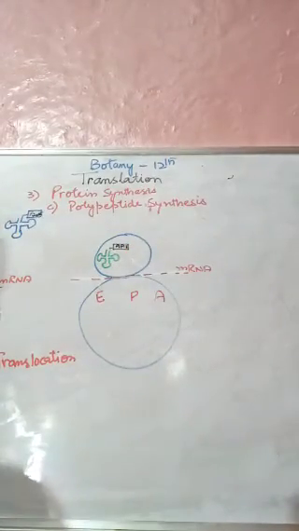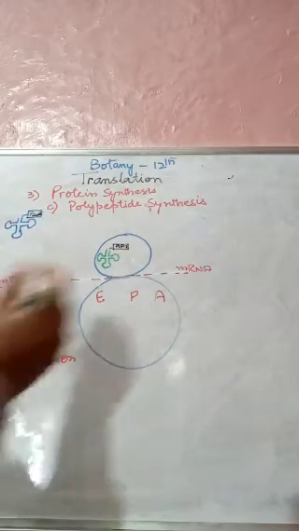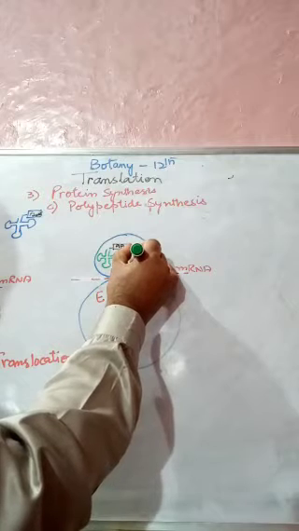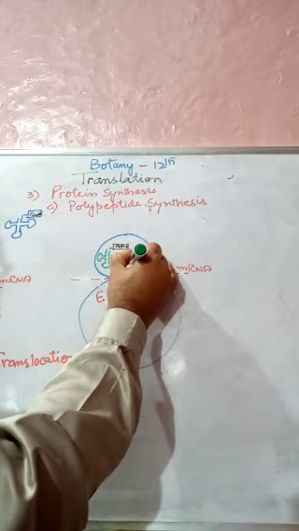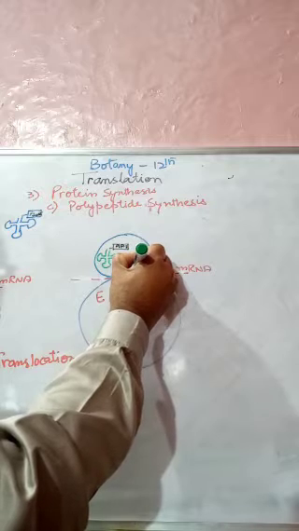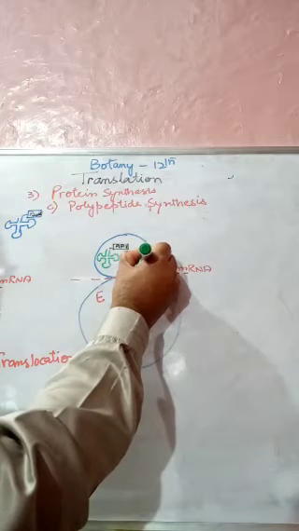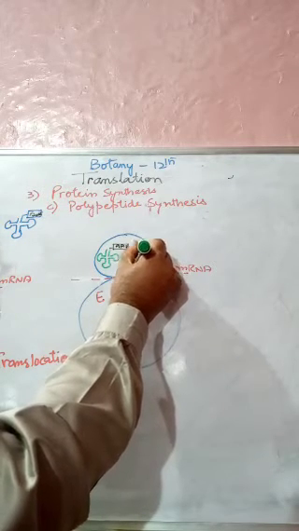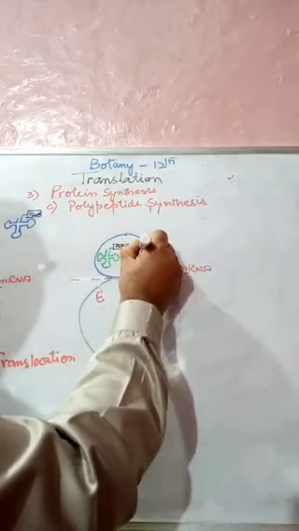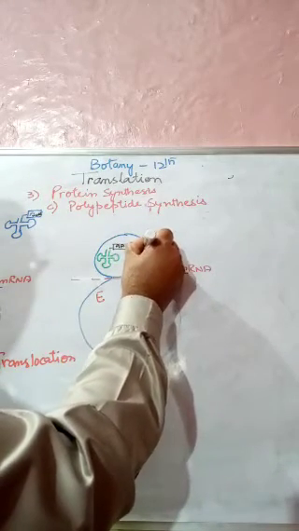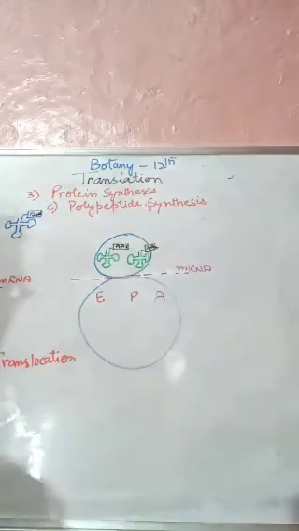So one amino acid comes there, one more, this is the tRNA. So it has one more amino acid here, AA2. Let it be AA2.